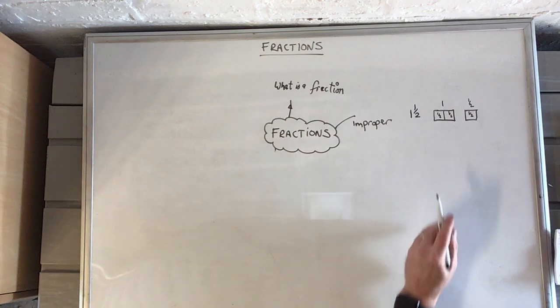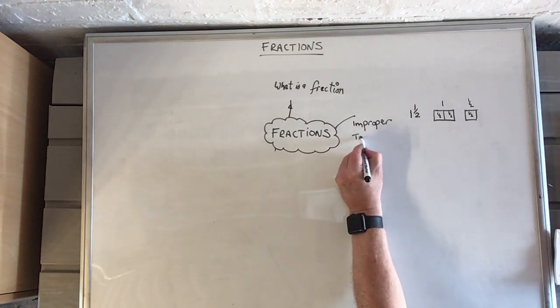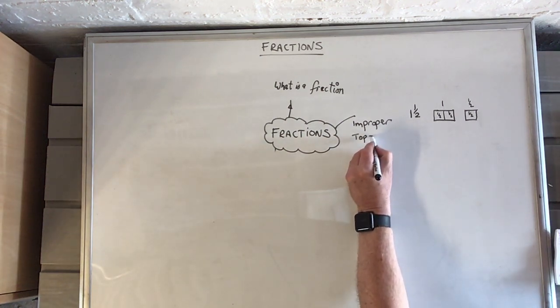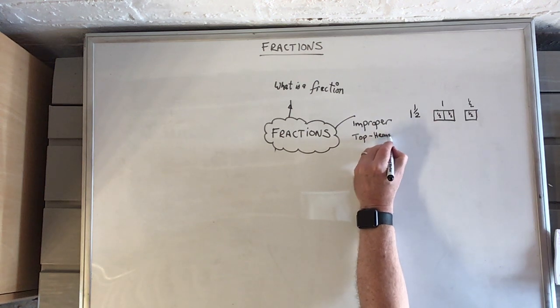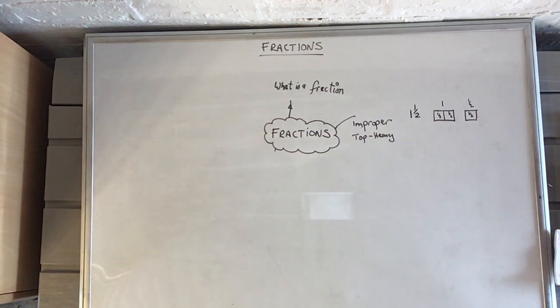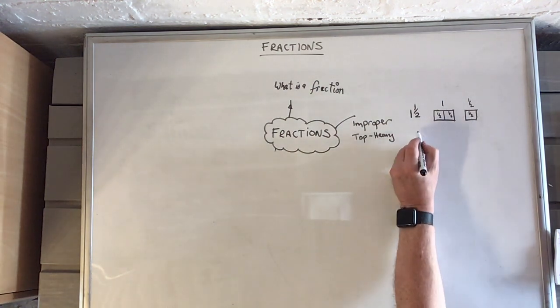Now, we talk about top heavy fractions. So an improper fraction is the same as a top heavy fraction. Now, looking at the wee picture here, I've got 3 halves here.